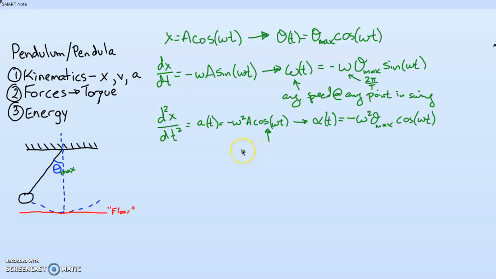So the max cosine value equals plus or minus 1, which means the max a is omega squared A, and the maximum alpha is omega squared theta max.